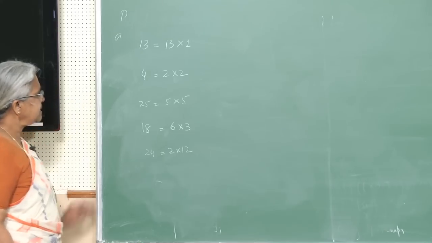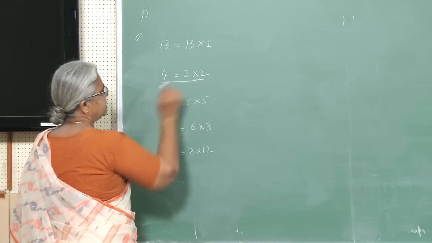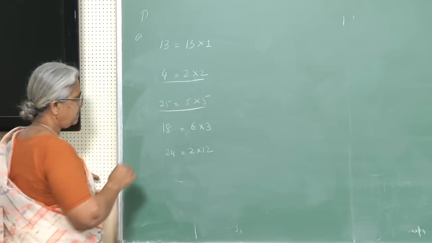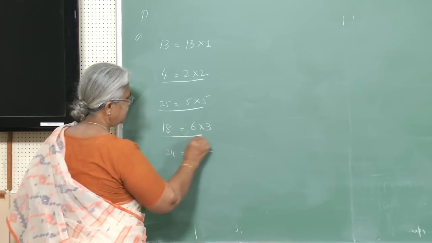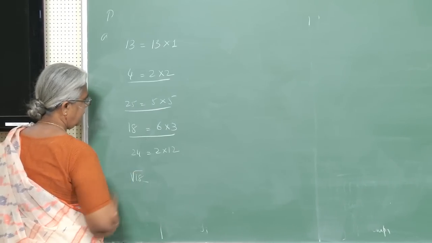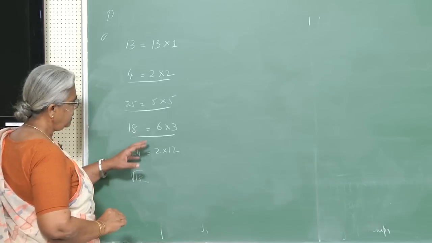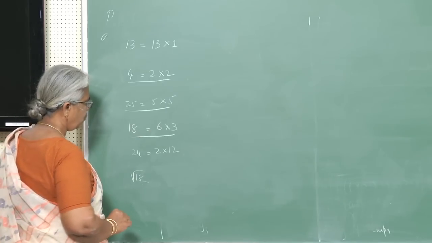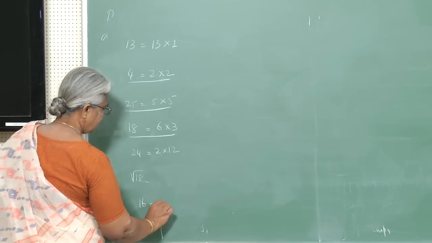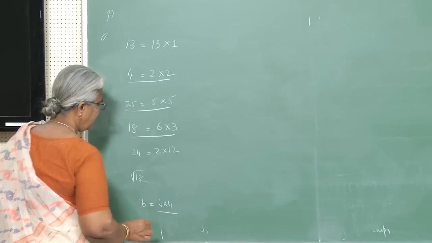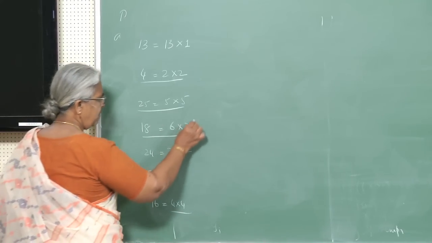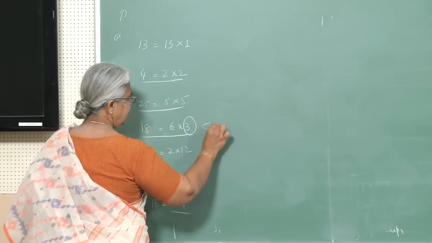What is interesting is, you have numbers here which are perfect squares, 4 and 25, and then you have numbers which are not perfect squares. But what do we observe here? Clearly, the square root of 18 should be somewhere slightly greater than 4, because the square root of 16 is 4 into 4. What we see in the factors is there is one number which is less than the square root of 18.